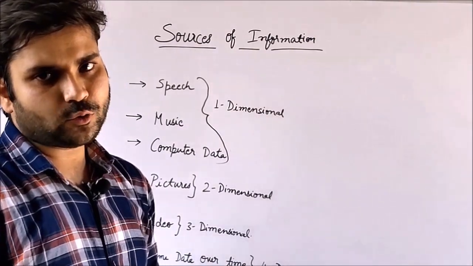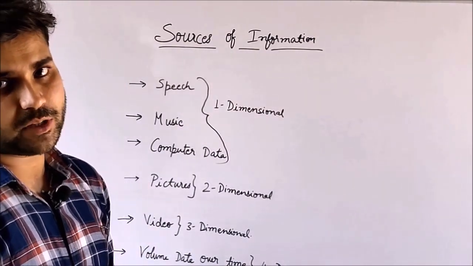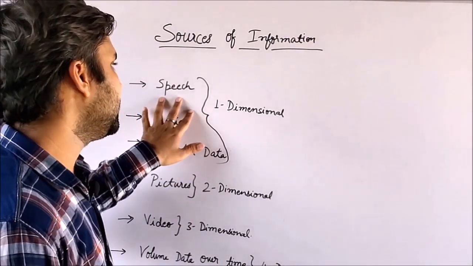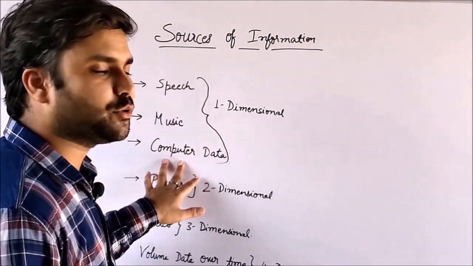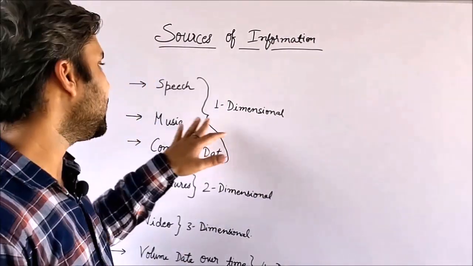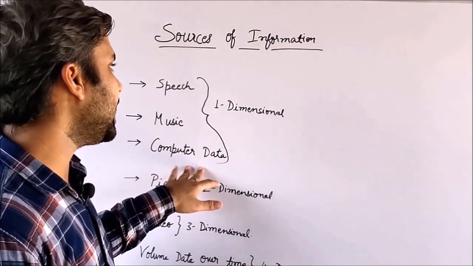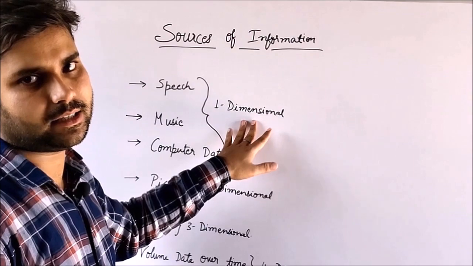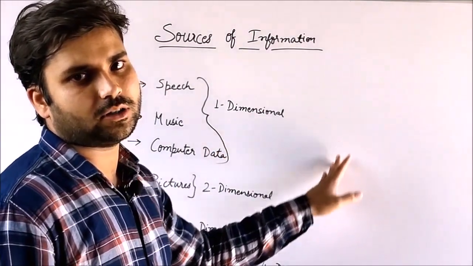One more thing we need to know is that the types of information, speech, music and computer data, are one-dimensional data. It means that they are monotonous. They either go along the x-axis or along the y-axis.